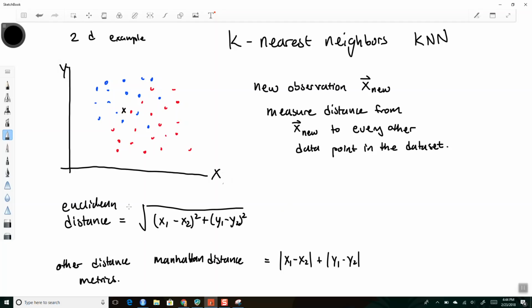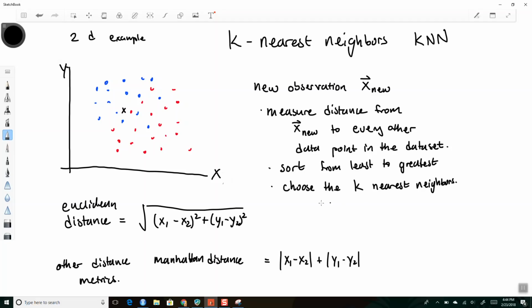Euclidean's probably the most common one, and this is easily expandable for higher dimensions, okay? So you measure the distance from x new to every other data point in the data set, and then you sort from least to greatest. And then you choose the k nearest neighbors.